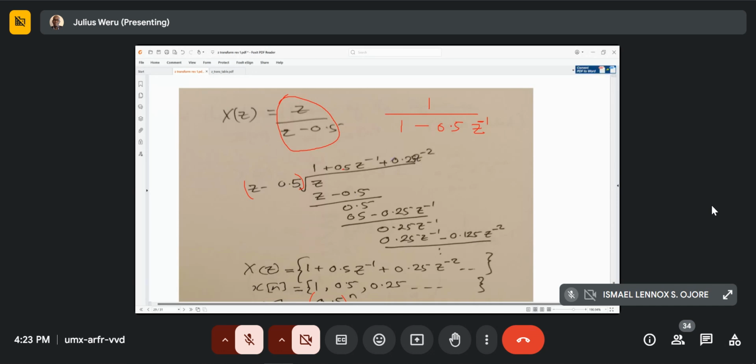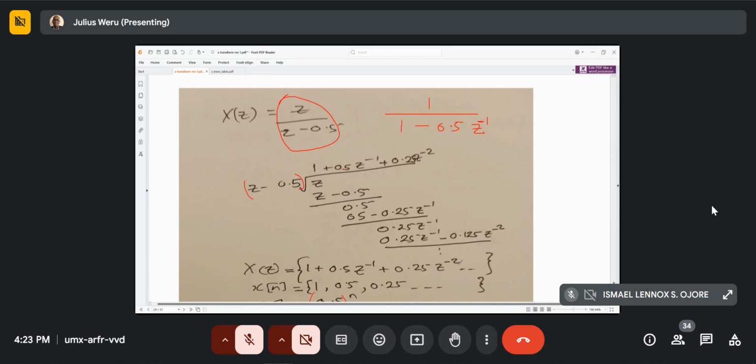So this can go 0.25 times z to the power of minus 2, so that you get that. And this can go 0.25 z to the minus 1 minus 0.125 z to the minus 2.